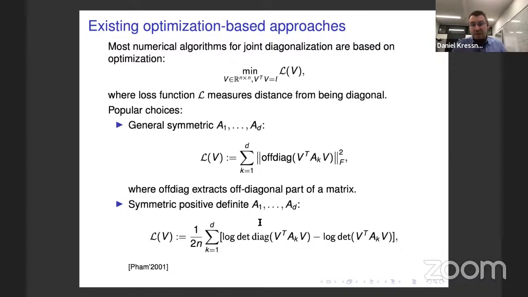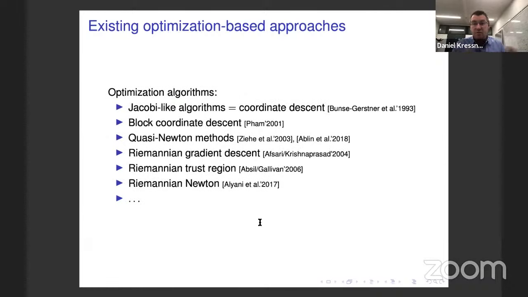Now you have a target function, and you can run an optimization method. And for those of you who worked for a couple of years in the linear algebra community, probably the first thing that comes to mind is a quite famous paper by Bunse-Gerstner, Byers, and Mehrmann from the 90s, which takes the perspective of Jacobi algorithms for diagonalizing a single symmetric matrix and tries to extend this.